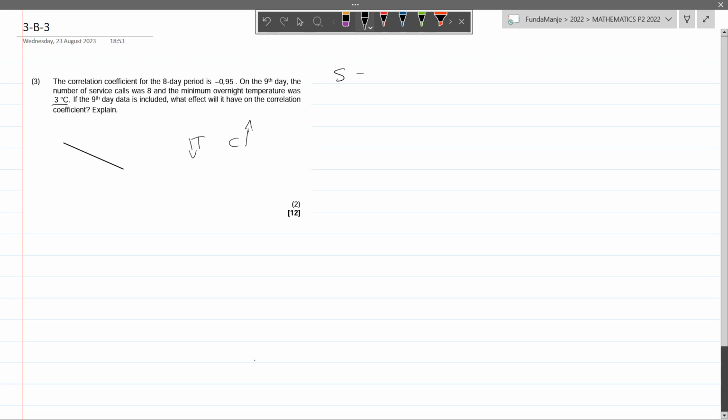If we calculate using S equals minus 1.8 multiplied by the temperature, which is 3, plus 22.7, we get an answer of 17.3, which means this is the amount of calls that we would expect for a temperature of 3 degrees, but we are getting something that is slightly less, actually significantly less.